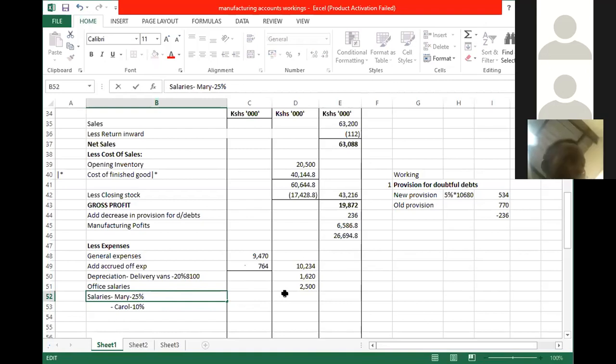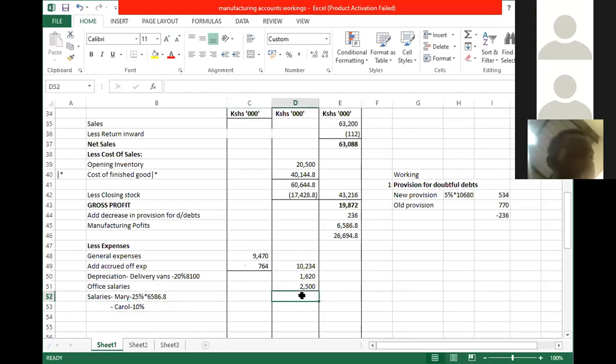Somebody was asking, of the manufacturing profit. And what was the manufacturing profit? So 25% multiplied by the manufacturing profit, which is 6586.8. Do you see that? Should give us a figure of what? 1646.7, if I am not wrong.